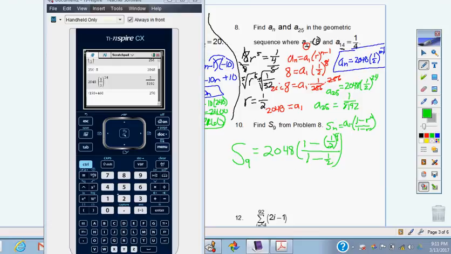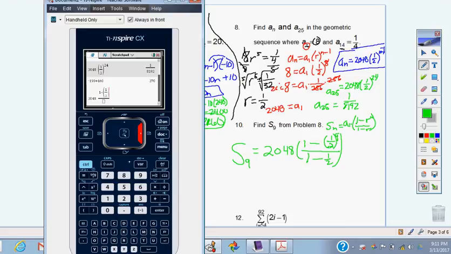I will not lie to you, we have this fancy calculator, so you can put it all in literally one step. So 2048, multiplied by a fraction, and you can throw in the parentheses on the top if you want to. Throw it in as 1 minus, and then the kicker is you do have to have the parentheses around the 1/2. It's not going to make a huge impact when you have a positive r value, but when you have a negative r value, that's going to make a big difference.